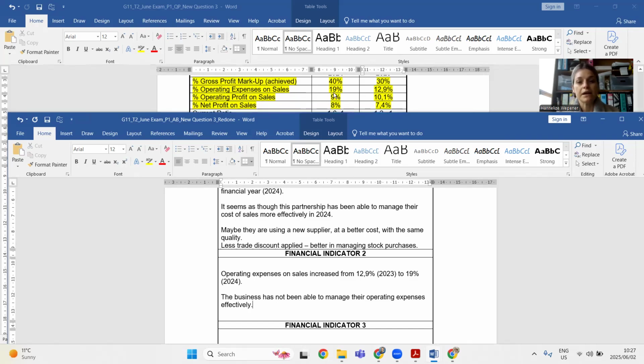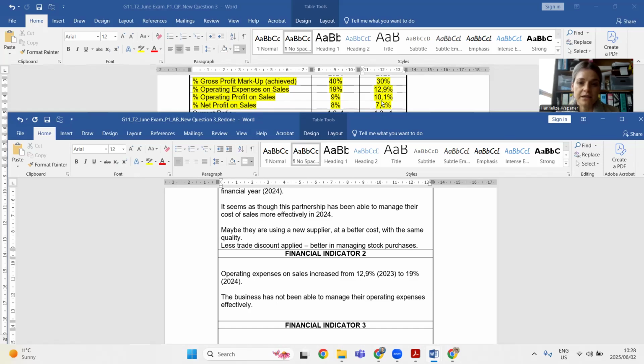Then your net profit percentage on sales compared to the previous year has improved. Because your operating profit on sales decreased since the previous financial year, but your net profit on sales increased, it could be that you paid less interest in the current financial year compared to last year.